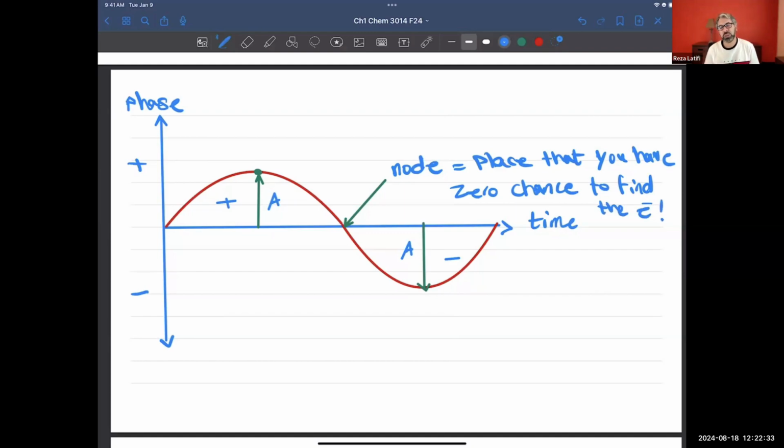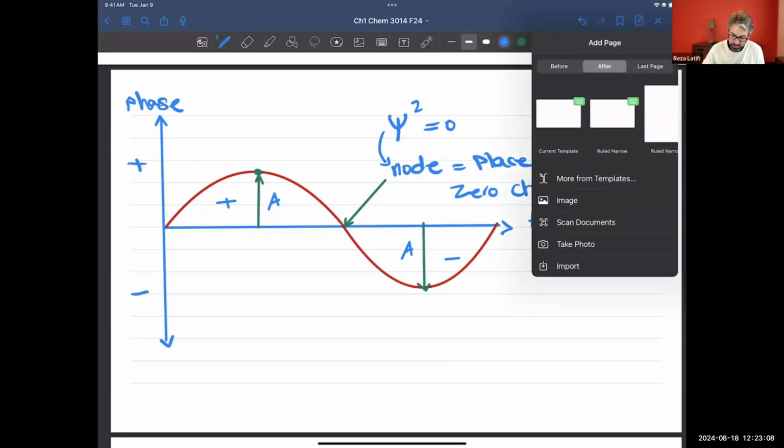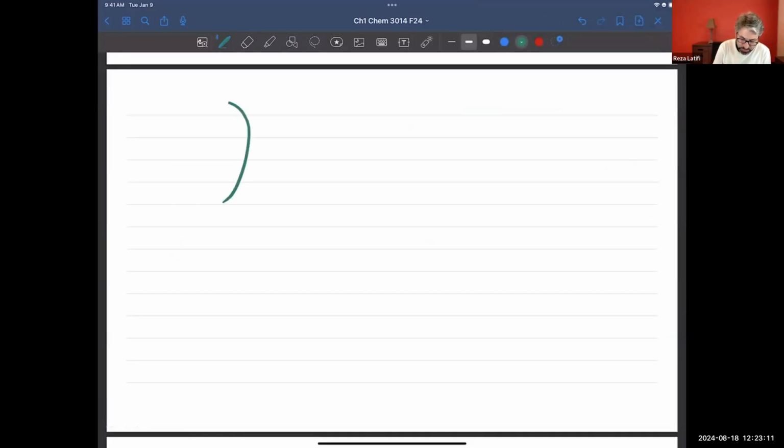Usually we show it by psi squared, the probability of finding the electron. Psi squared is equal to 0 inside a node. One common node for any orbital, regardless of the nature of that orbital, is the nucleus. You have zero chance to find any electron inside the nucleus. And when we are talking about the p orbital, we say it has two lobes, positive and negative.